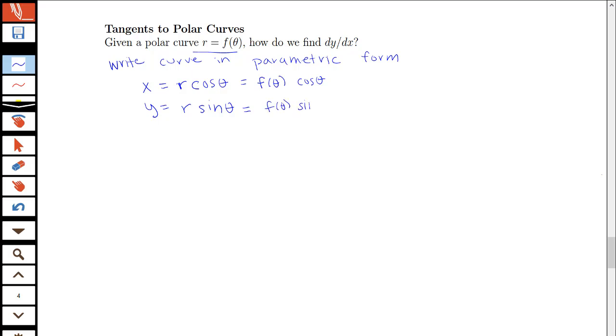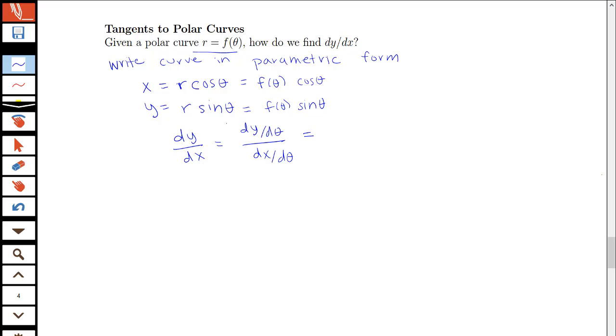So using this, we can say that dy dx will be equal to dy d theta divided by dx d theta, our change in the vertical component over the change in the horizontal component. And then we can use the product rule on these parametric equations here.